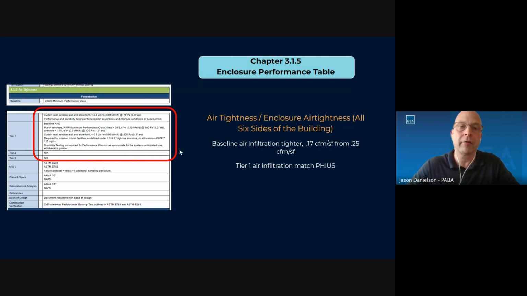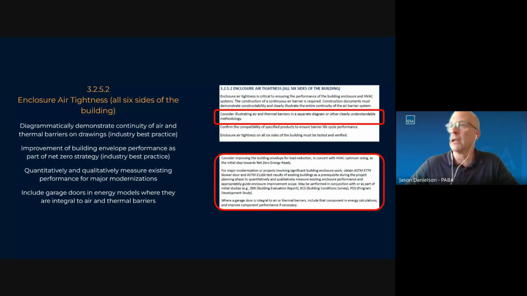And based on the NIBS DLR study, the potential paybacks are high. And then in addition, the Tier 1, talking about air infiltration matching, which is Passive House.